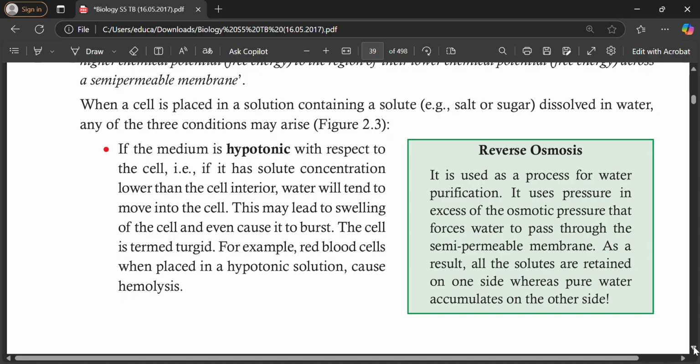Icyo gihe iyo tuvuze ngo ubwo iri hypotonic tuvuze ko ifite amazi menshi, noneho ubwo mo imbere muri cell ho harimo amazi make, icyo gihe rero amazi azaturuka muri ya solution iri hanze ya cell, yinjiremo imbere muri cell itari ifite amazi, tubone cell iri kugenda iswellinga cyangwa se ibyimba.